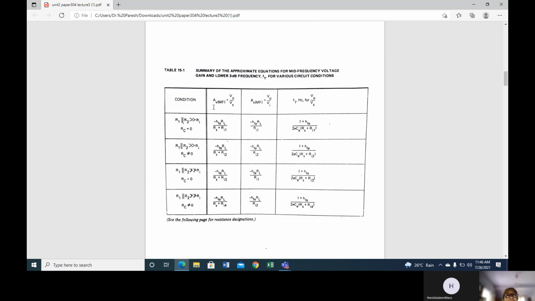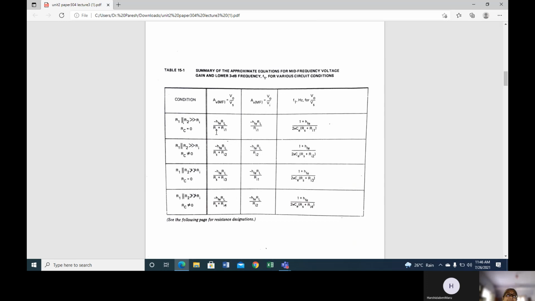Now the mid frequency gain, when you take the source also into consideration, is equal to V0 upon Vs. But if you are talking only about the amplifier, then it is equal to V0 upon Vi, where Vi is the input to the transistor or to the stage. Then the voltage gain is equal to minus HFE RL upon Rs plus Ri.